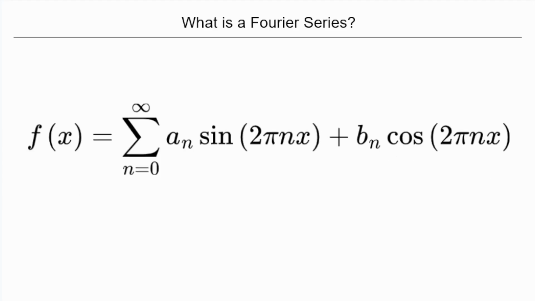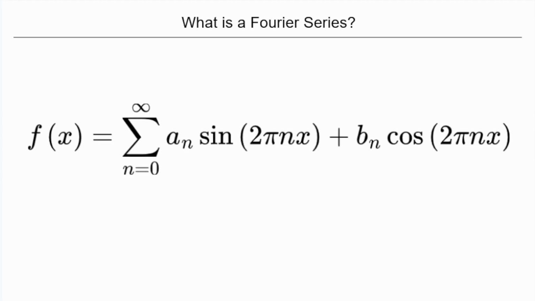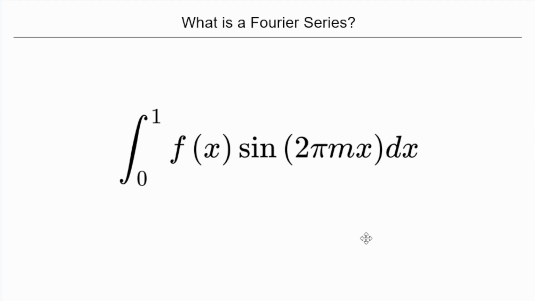So now, given our Fourier series, f(x) can be broken up into sines and cosines, what we're going to do is multiply both sides by sine of 2 pi mx and then take the integral from 0 to 1. On the left hand side, f(x) will just be simply this.